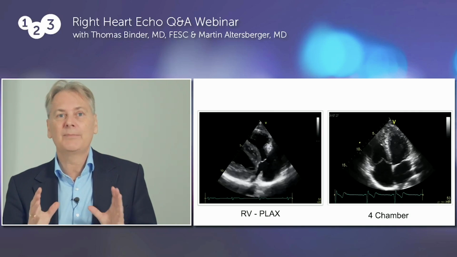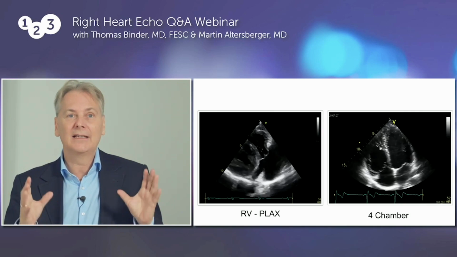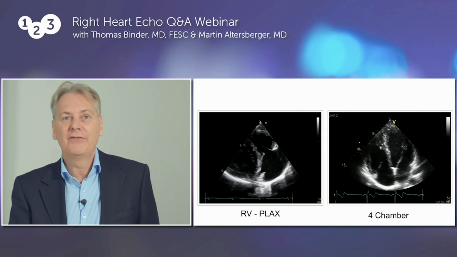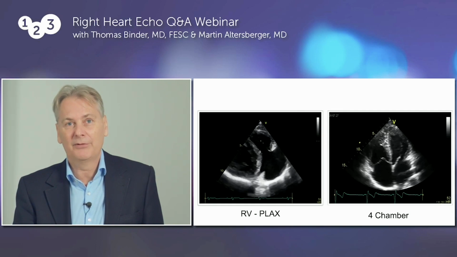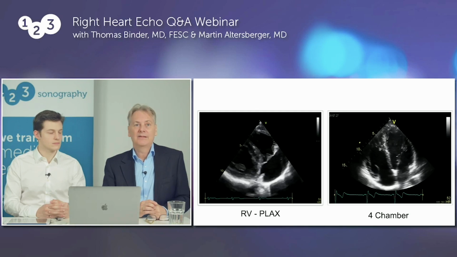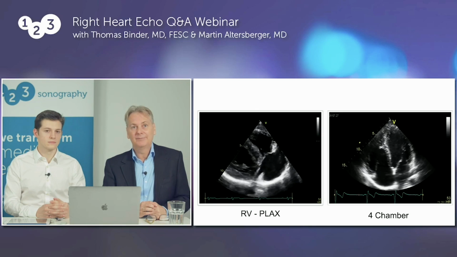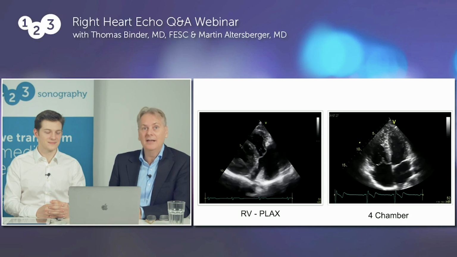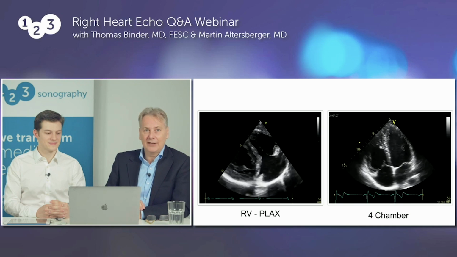Even though speckle tracking is, you can say, angle independent, you should get some values here, but I would be very, very cautious in using a parameter that you obtain in such a view. I guess the software has not been validated, but as always, I recommend that you play around with these things and try and get your own experience. I think that's a very important part of becoming a master in echocardiography, that you have your own experience and don't only rely on the literature.